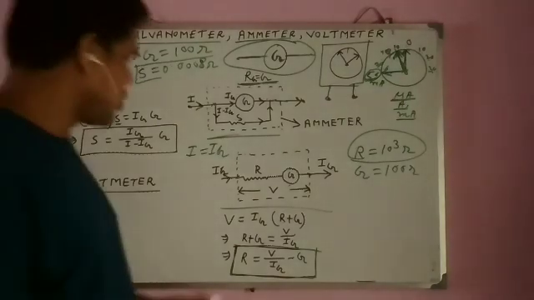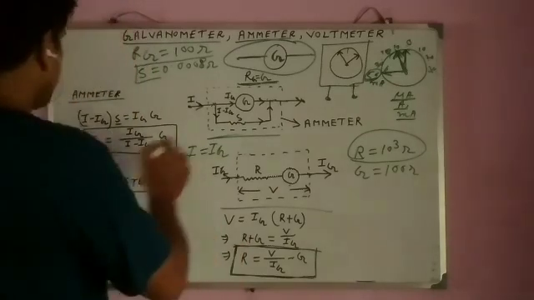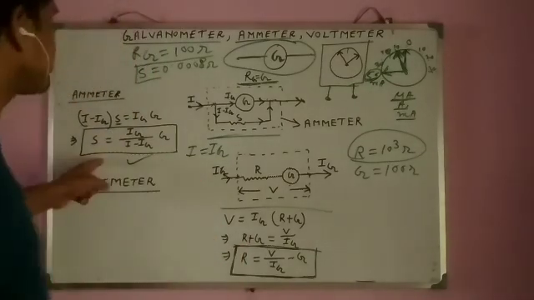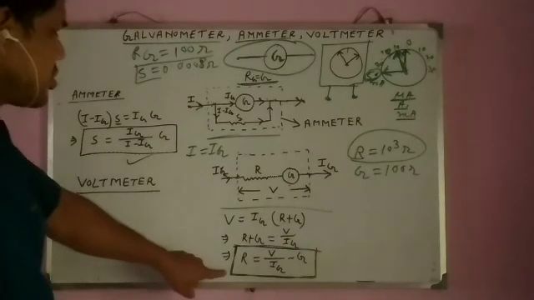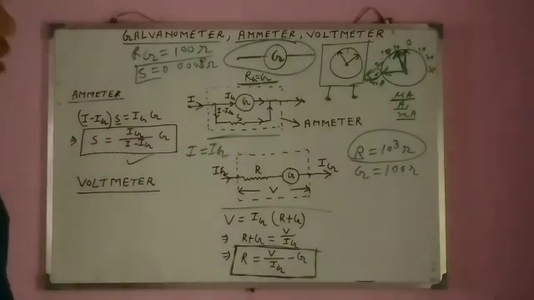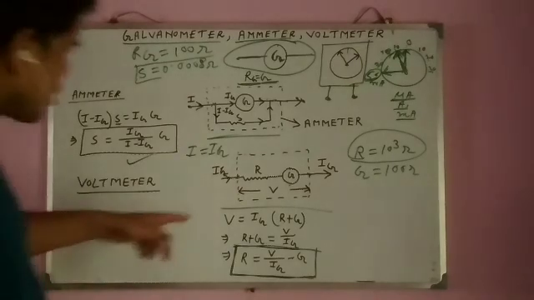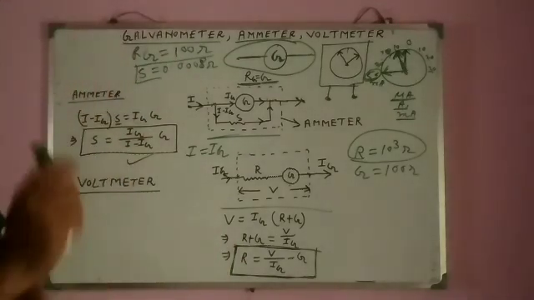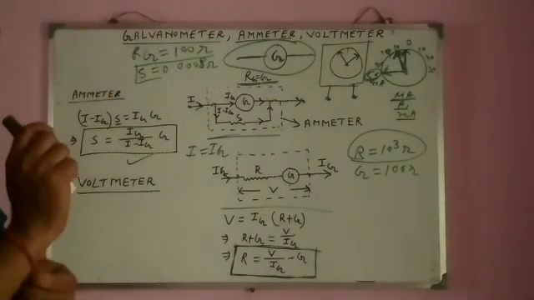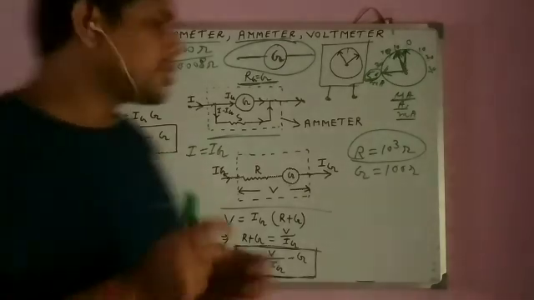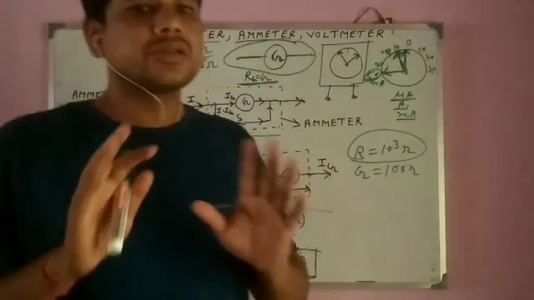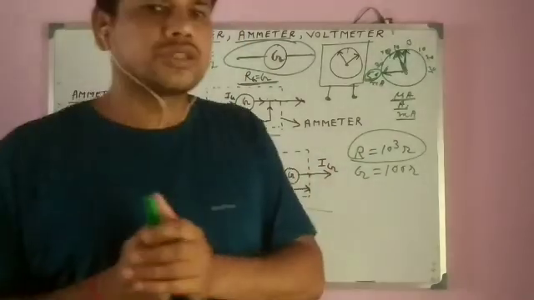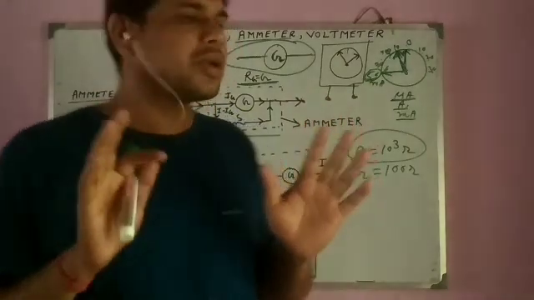So in this way, by using one formula we can find the shunt resistance of an ammeter, and by using the other formula we can find the series resistance of a voltmeter. Now ideally, the value of the shunt resistance in an ammeter is very close to zero; ideally you can say it is zero.